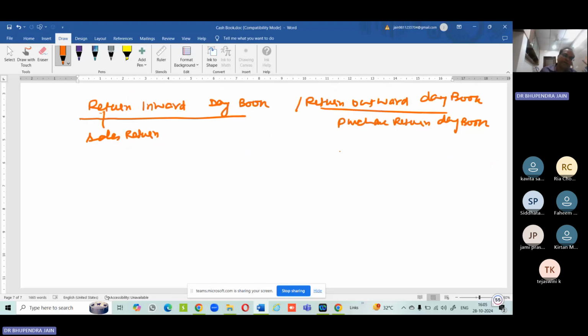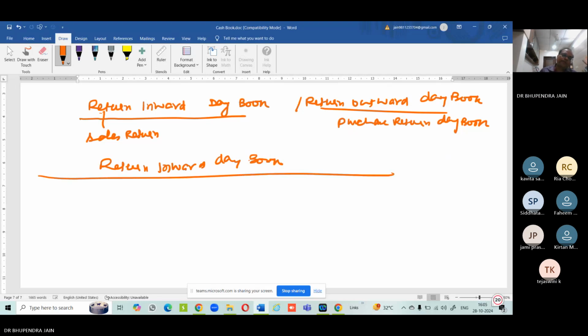In the format of, suppose, return inward debit. Date, particular.